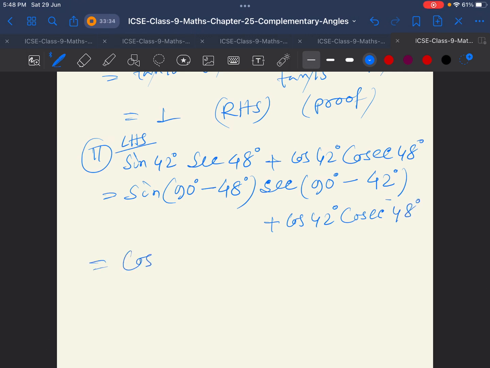So we can write sin 90 minus 48 as cos of 48, and sec 90 minus 42 as cosec of 42.